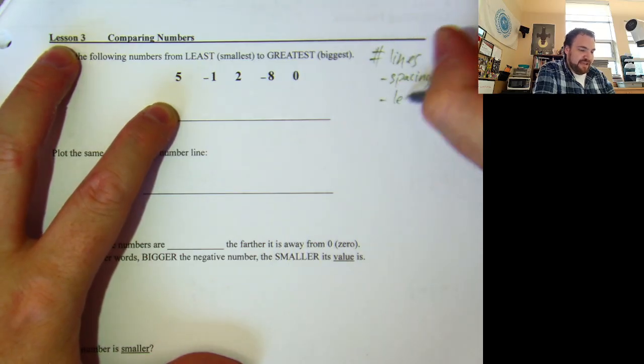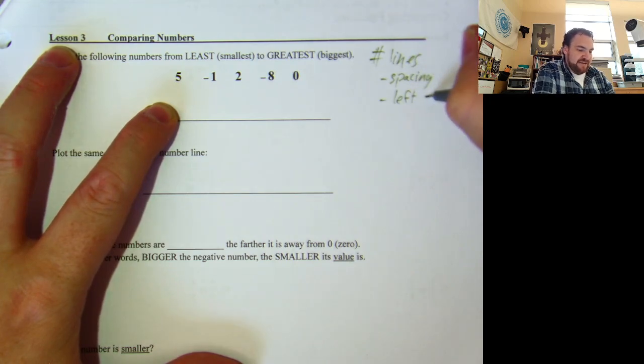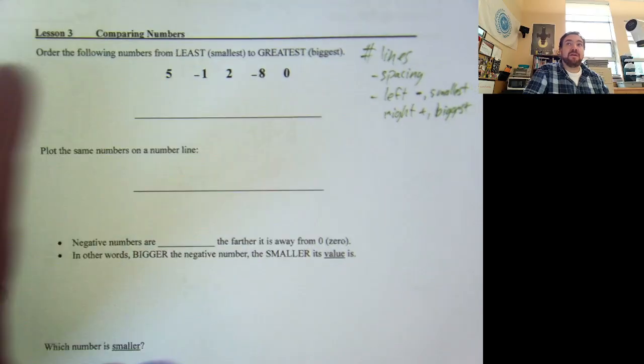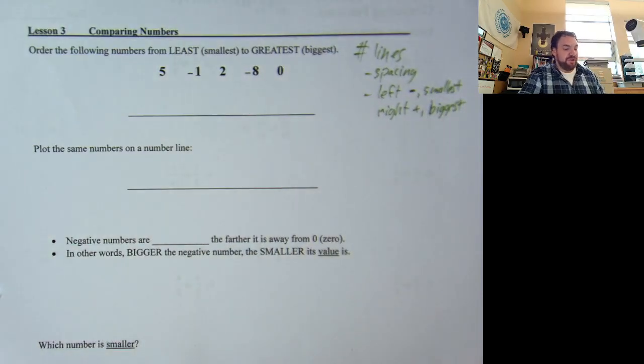We care about the left is the negative or the smallest. Right is positive or the biggest, depending on how you're picturing that. What else did we discuss? I thought there was a third thing. The left to rightness of it all, the spacing of it all.